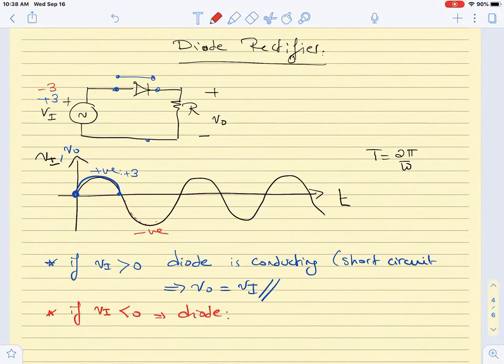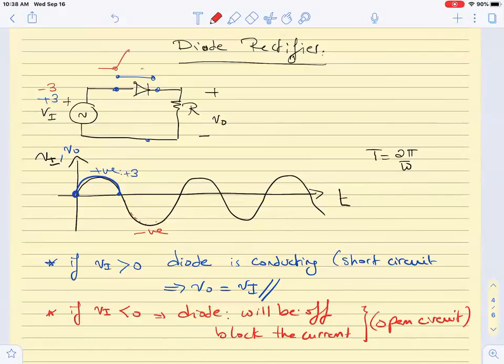It will be off, not conducting. It will block the current, and we will model it by an open circuit. Right? So the diode will be off.